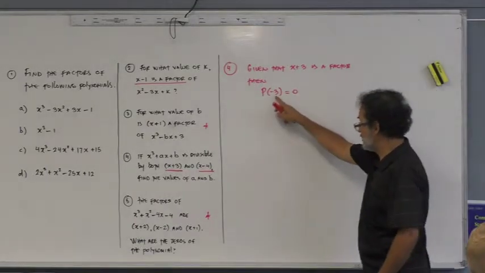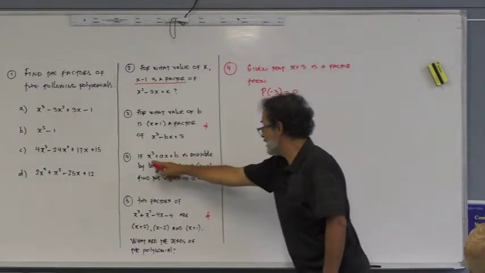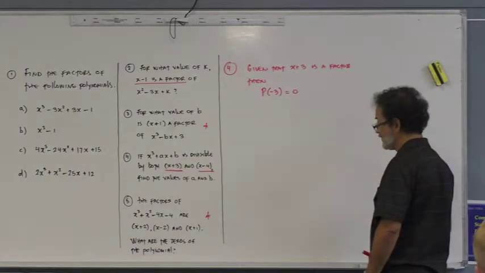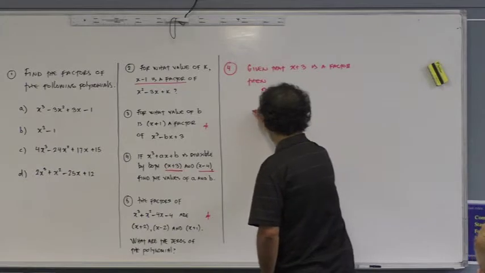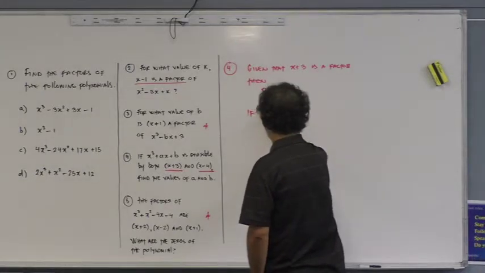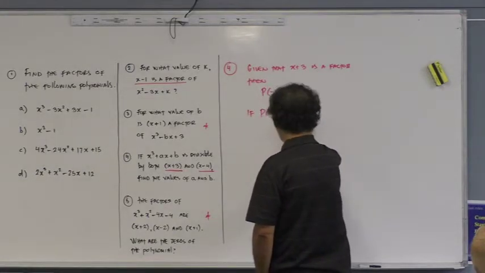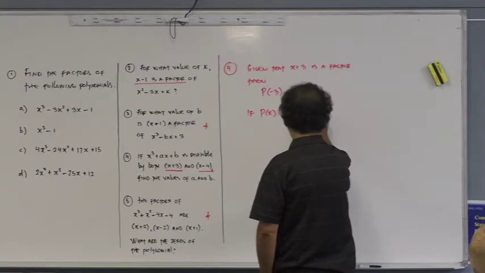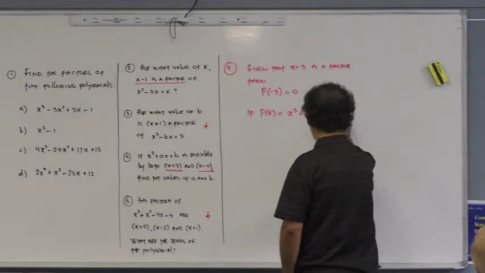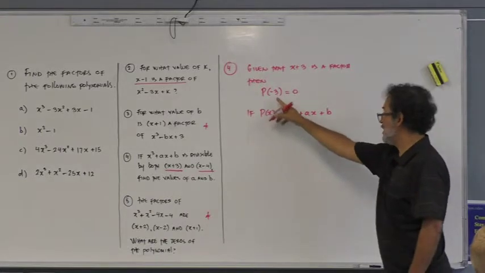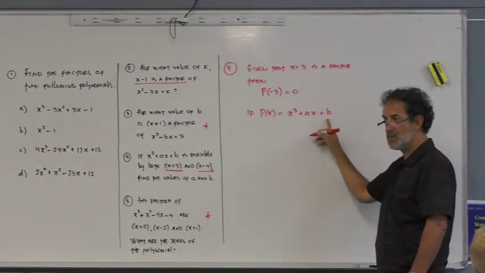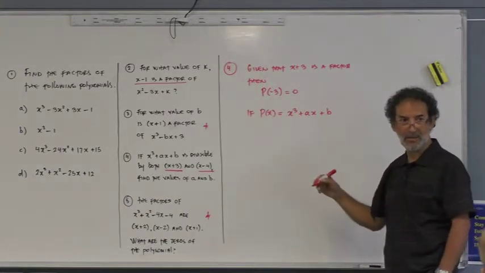Okay, and then we're going to substitute negative 3 into my expression. So if p of x is equal to x cubed plus ax plus b, now we're going to substitute negative 3 into that expression, and then we're going to equate that to 0.